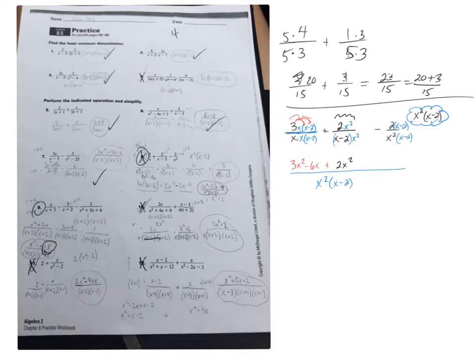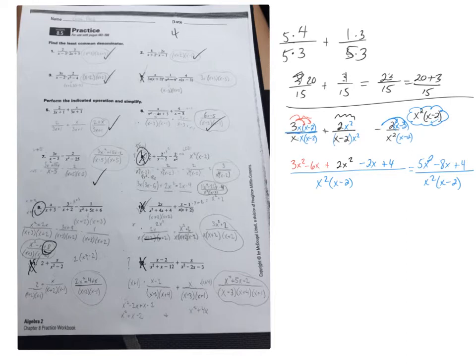And then lastly, we have this negative 2 multiplying by that x to get us minus 2x, and a negative 2 multiplying by that negative 2, and we get a positive 4. So we can just clean up our like terms in the numerator, and it looks like we're going to get 5x squared, minus 6x and minus 2x, which would be minus 8x, and plus a 4, all over x squared times (x minus 2).